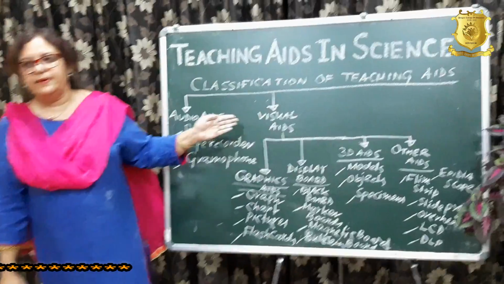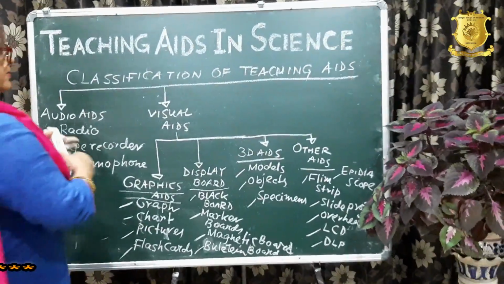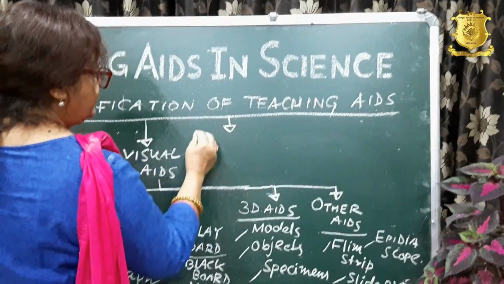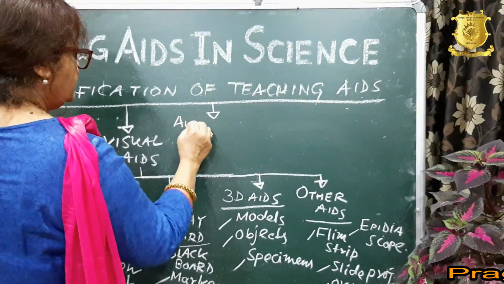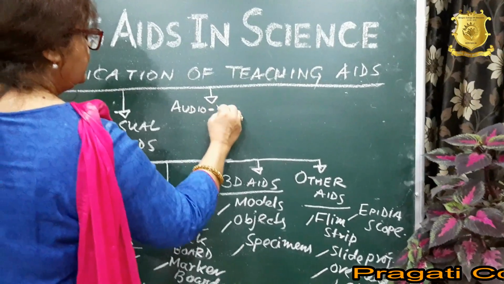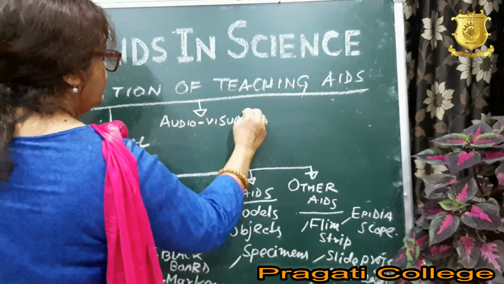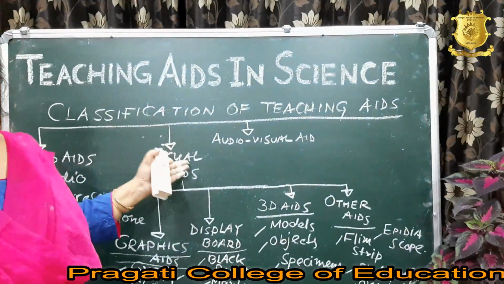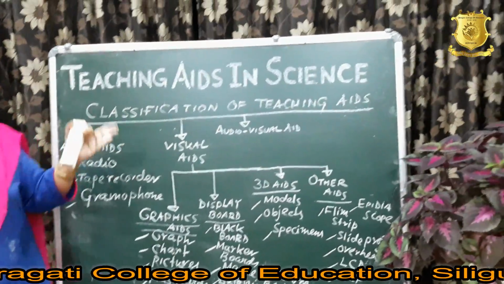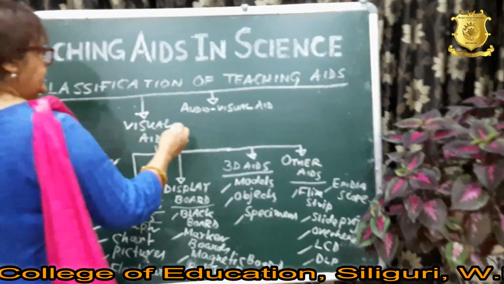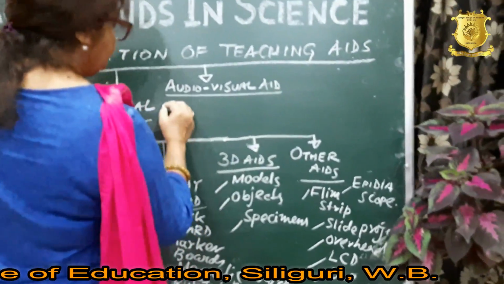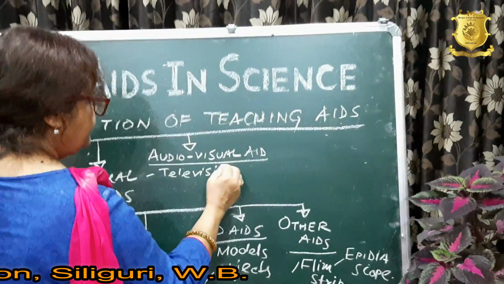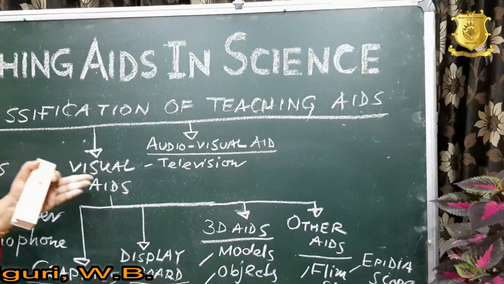Now the third was audio visual aids, which we can listen to as well as see. Number one example is television. By seeing and listening to television, many things we can learn.